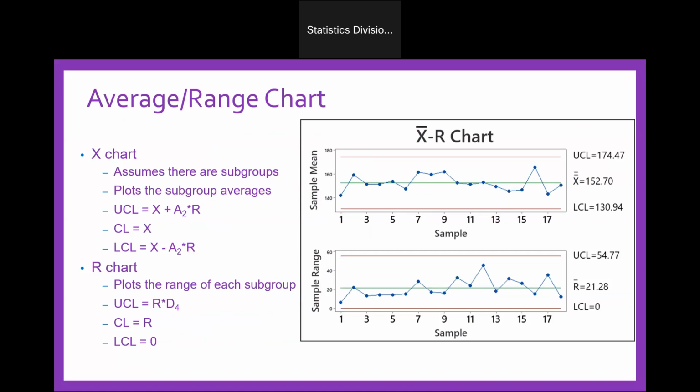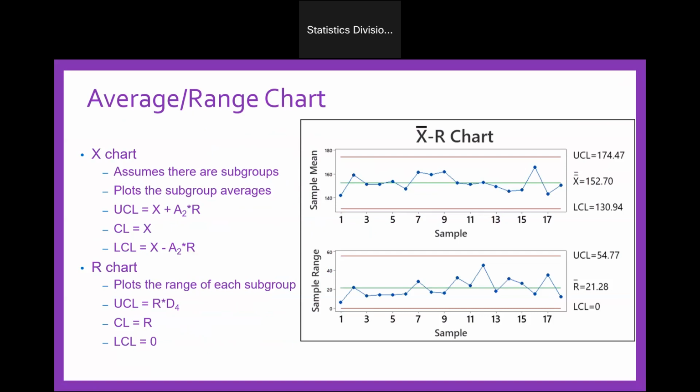Every time you go to take a sample, you'll take 3 parts. And so your subgroup size is 3. Here you would plot the average of those 3 on the top chart. The bottom chart is the range chart. On the bottom, you would plot the difference between the maximum and the minimum value in that subgroup of 3.